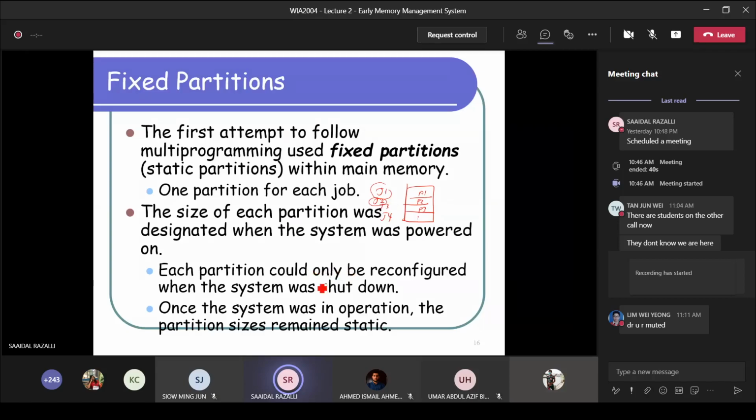Each partition can only be reconfigured when the system is shut down, meaning that the first batch J1, J2, J3, J4 will determine the size of each block in the main memory. We will go to the example in the next slide. Once the system is in operation, the partition size remains static, fixed partition. Because remember, RAM is a volatile memory.